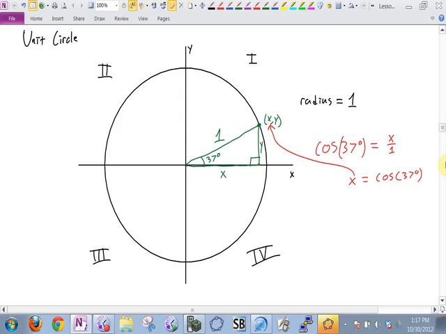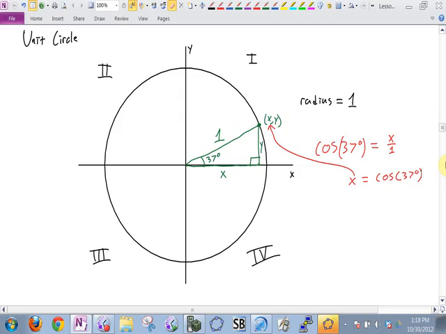All right. So the x-coordinate of this point. Anytime you draw an angle, that's the most important thing to understand right now. Any angle you draw in the unit circle, whatever the x-coordinate of that point is going to be the cosine of that angle. Make sense? And then how can you verify that? Because you can actually draw a right triangle where the adjacent side is x, the opposite side is y, the hypotenuse is 1, and it just kind of makes sense.